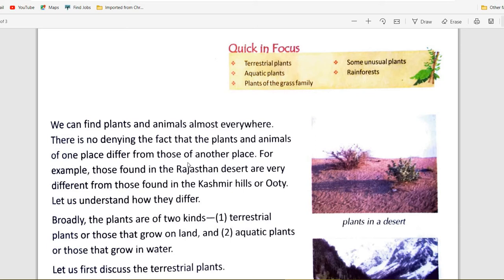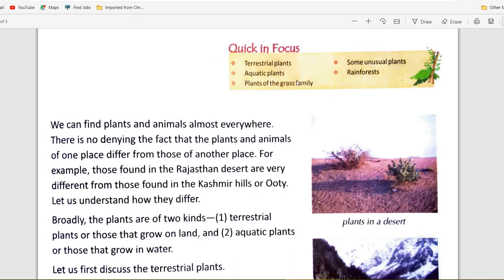Or we can say that they have different habitats to survive. Habitat means the place or environment where a plant or animal naturally or normally lives and grows.